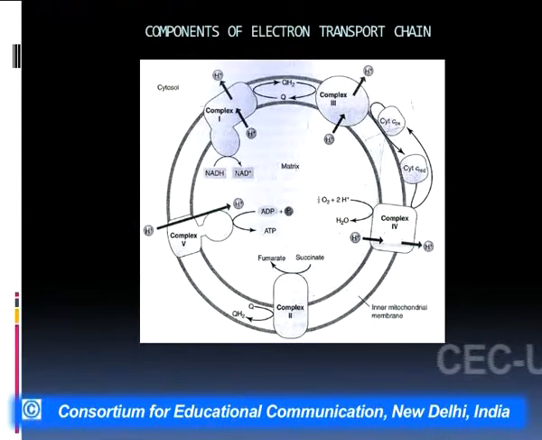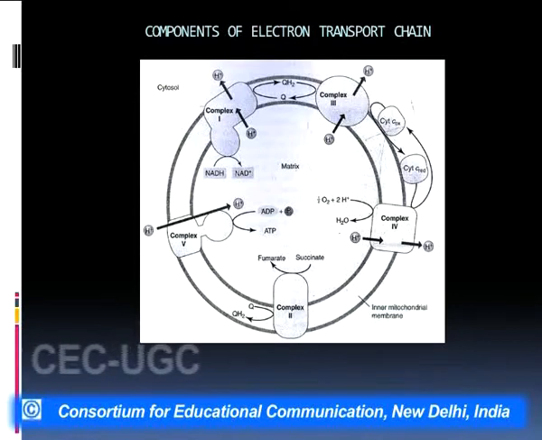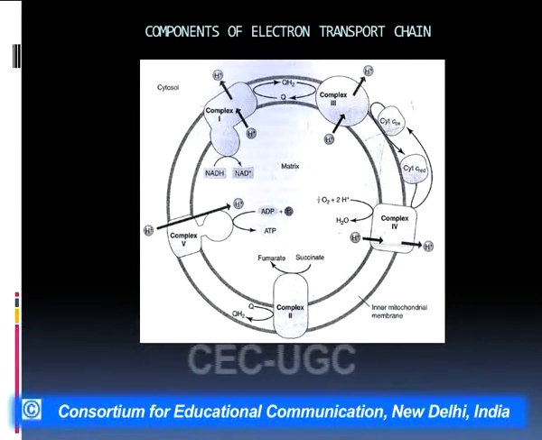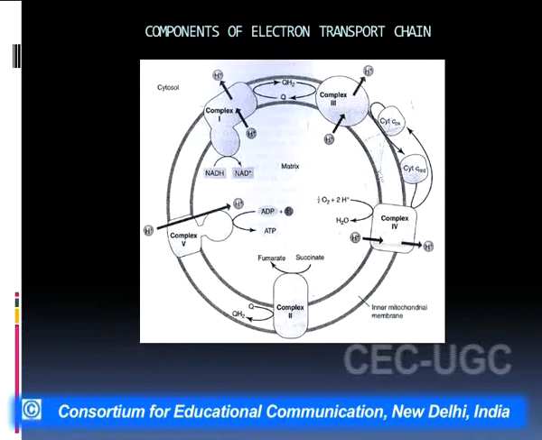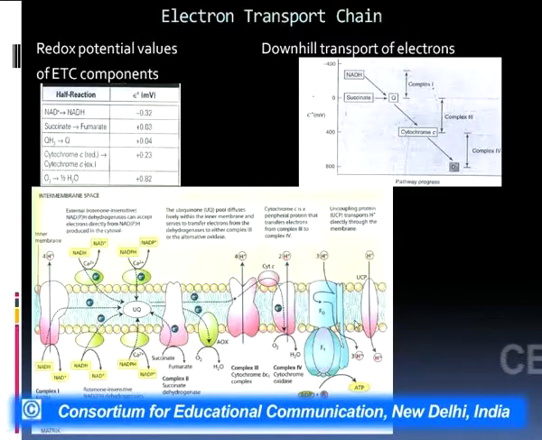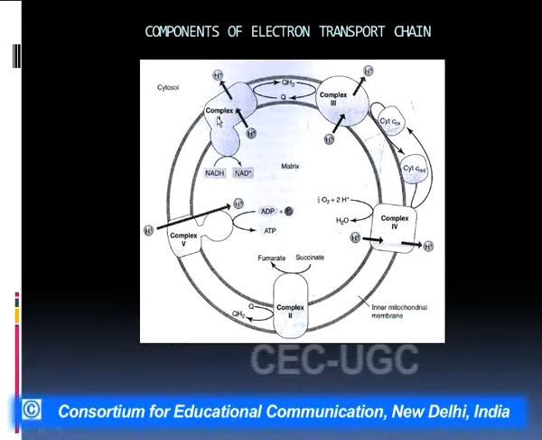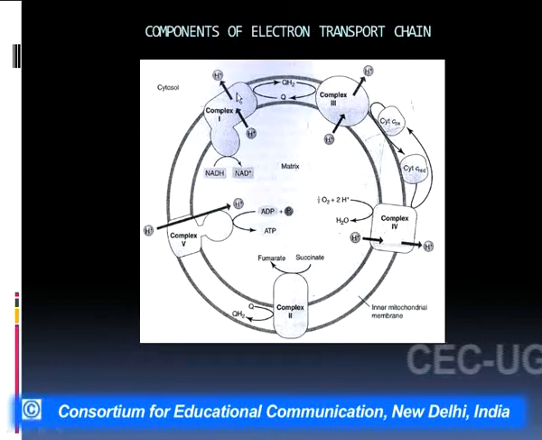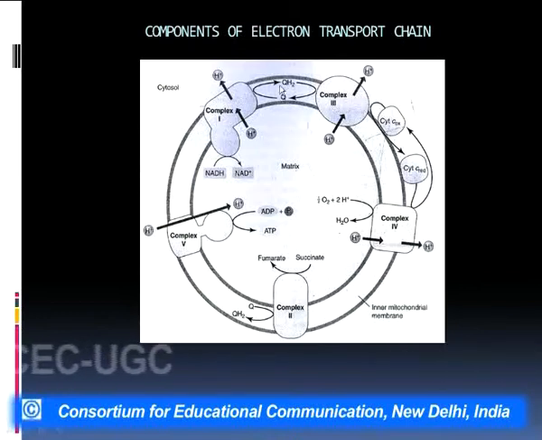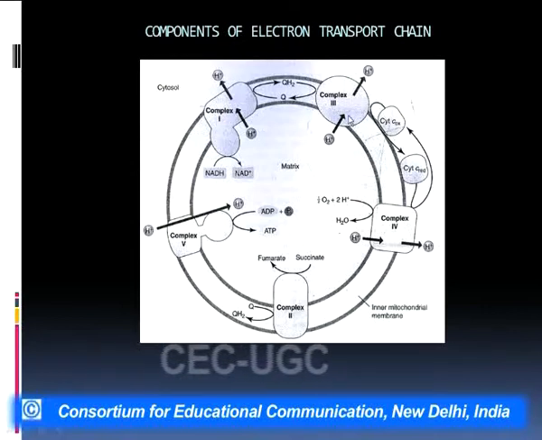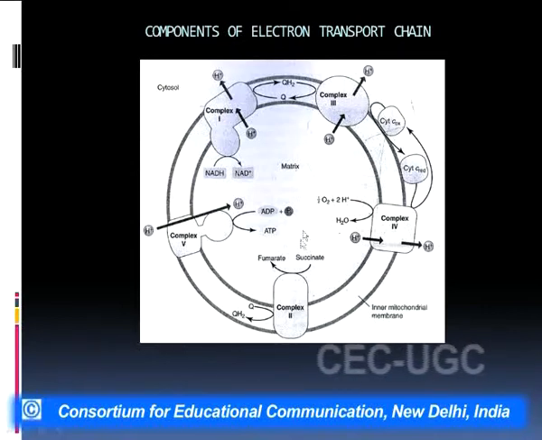If we were to appreciate the components of the electron transport chain on a membrane in a topological form, these are the different complexes that we are talking about. Starting from complex 1 from the cytosol, they have a proton exit into the cytosol, and then complex 2, which is linked to succinate and fumarate.